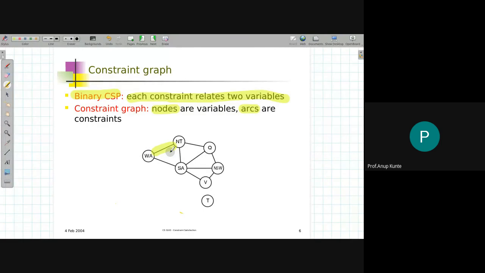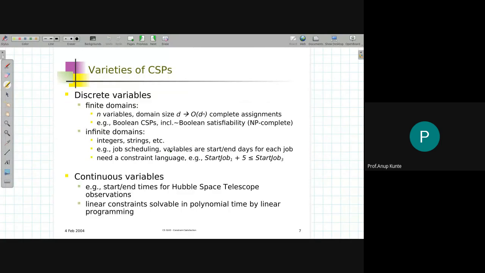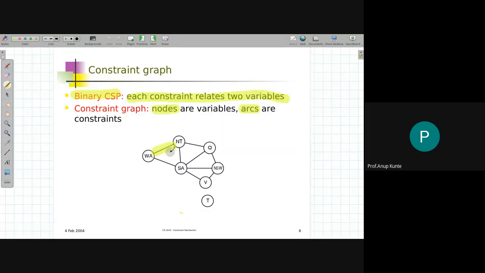So I can base my selection of the respective solution technique on this understanding that I obtained from the constraint graph. So why do I require a constraint graph? The constraint graph is not very important for providing the solution or writing the solution algorithm, but it helps you choose the solution technique. It classifies your CSP into a type of CSP problem.